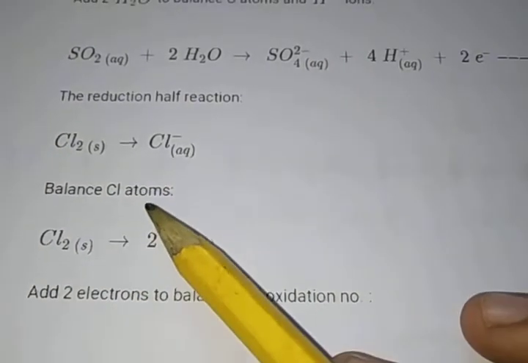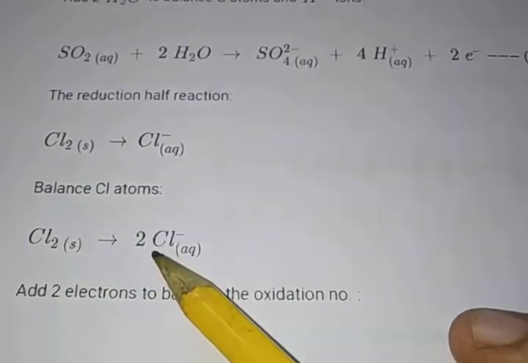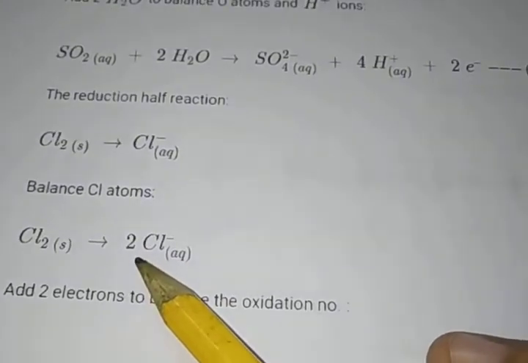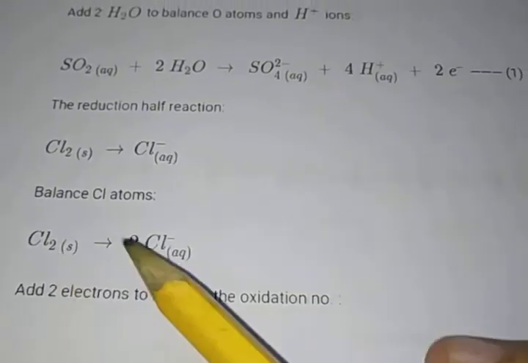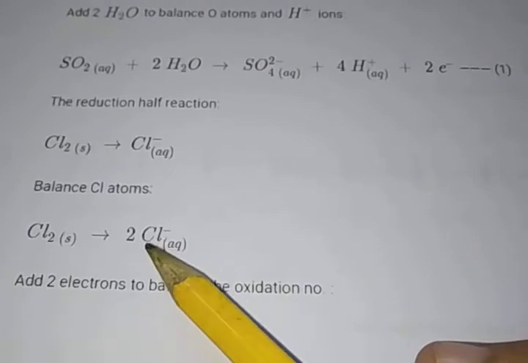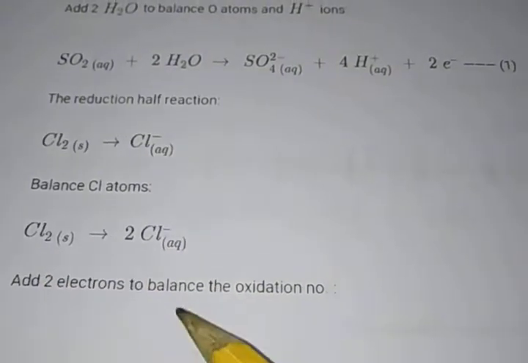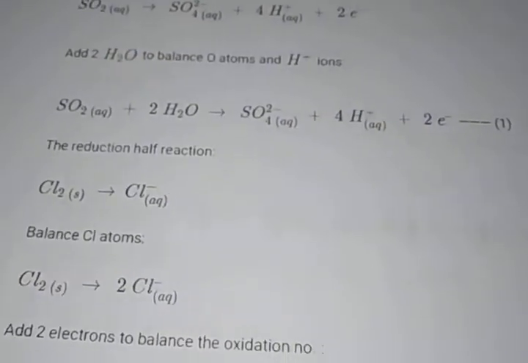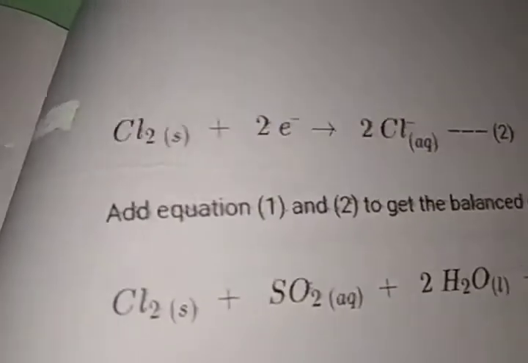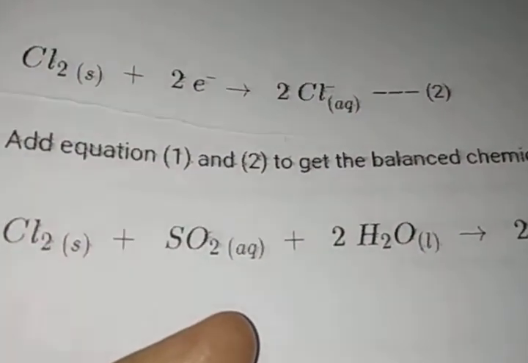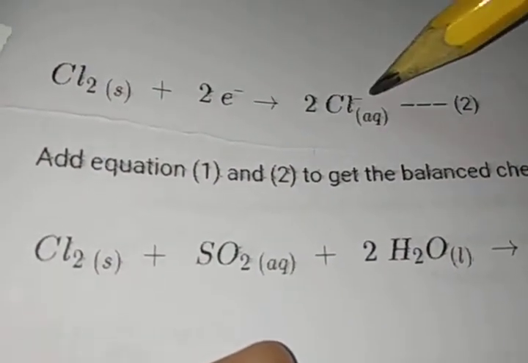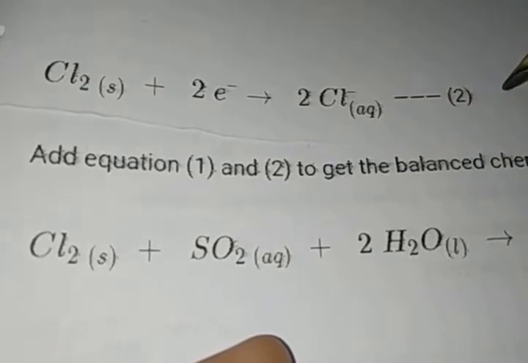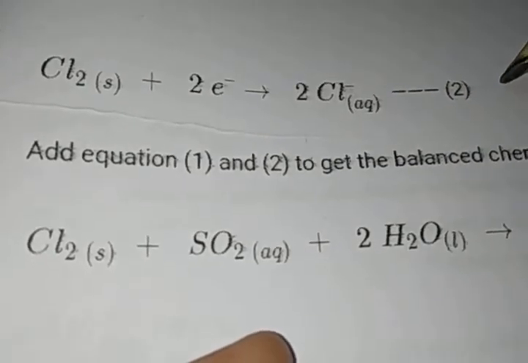Each Cl gains 1 electron, so 2 Cl gain 2 electrons, and on the left hand side we add 2 electrons. So Cl2 plus 2 electrons converts into 2 Cl minus. This is equation number 2, the reduction half reaction.